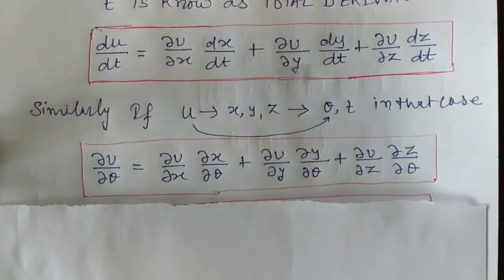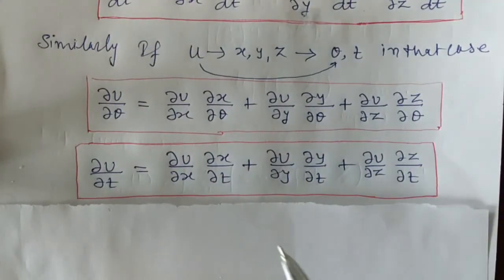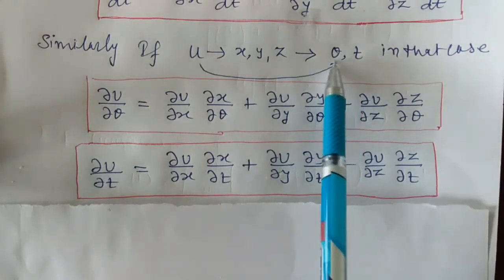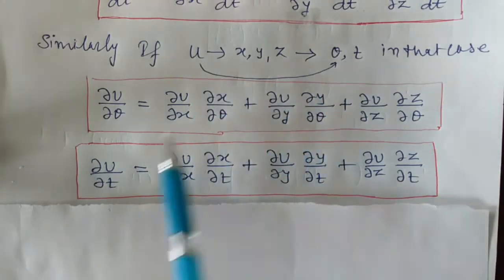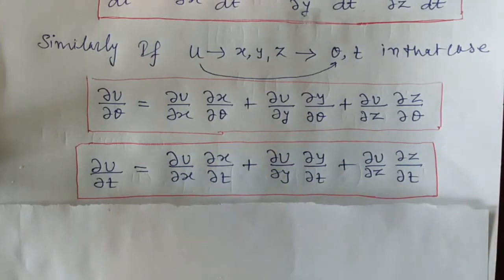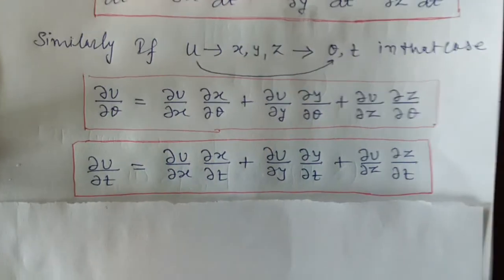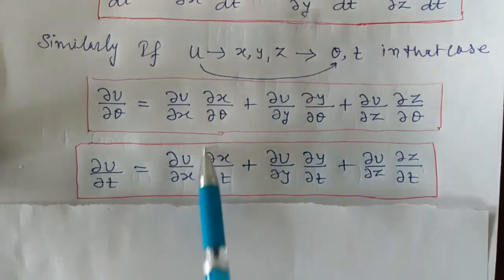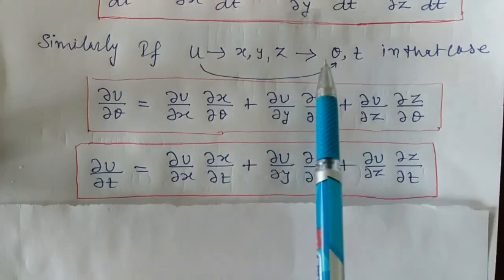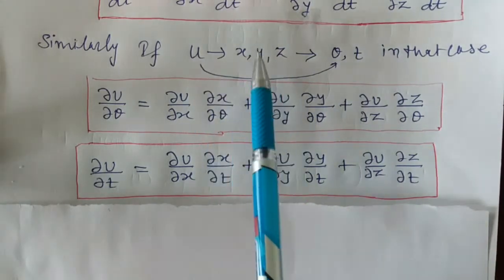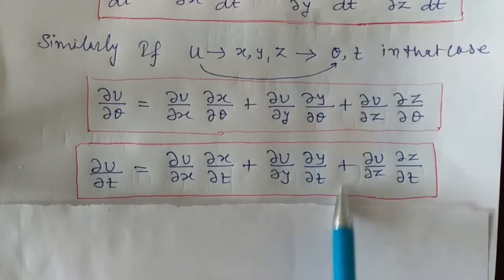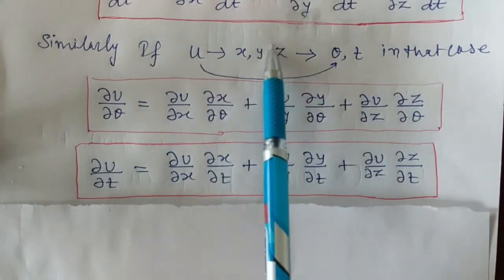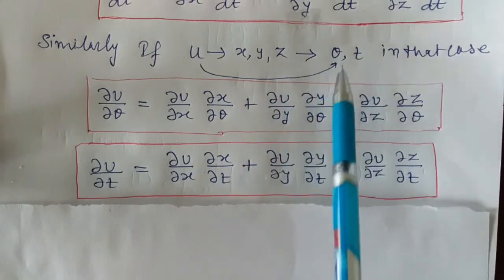And similarly, with respect to t, we get del u by del t, again two independent variables, so we write the partial derivative del u by del t, which is equal to del u by del x into del x by del t, plus del u by del y into del y by del t, plus del u by del z into del z by del t.